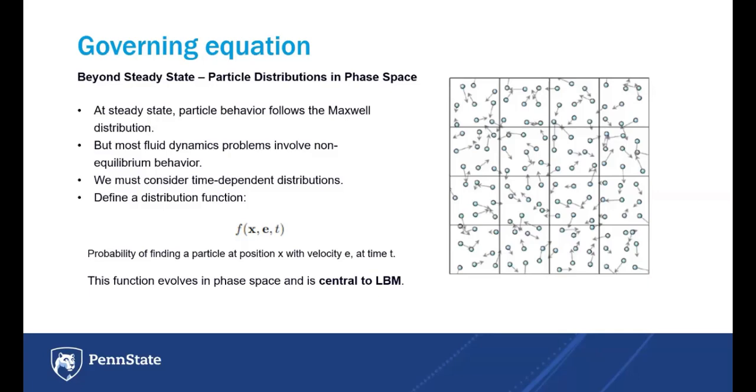This function gives us the probability of finding a particle at a certain position x with a certain velocity e at a given time t. It's a way to capture both the spatial and the kinetic aspects of particle behavior as they evolve over time. This is exactly what we need in the Lattice Boltzmann method, a model that lets us track how this distribution changes in response to collisions, forces, and boundary conditions.